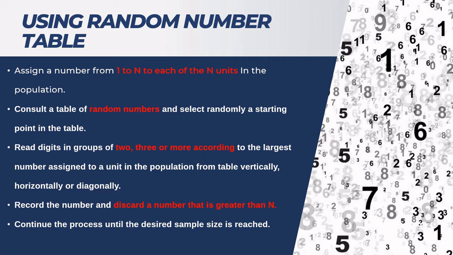So in this case you can use 2 digit random number table, and when you read your random numbers, the number which is greater than your population, means 101, 109, you can discard your number greater than capital N and continue the process until you can obtain your desired sample.